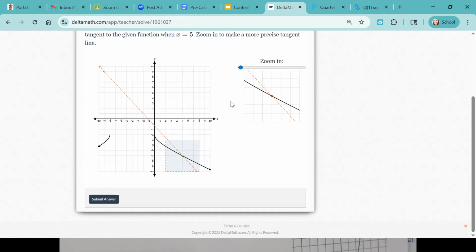So I'm going to take this second yellow dot up here in the corner, and I'm just going to adjust it so that my graph and my line lay right next to each other, just like the tangent lines that we did in your notes. If you did it correctly, the zoom in box should look like just one line where it's tangent, because it should be so close that there's not a separation. Okay.